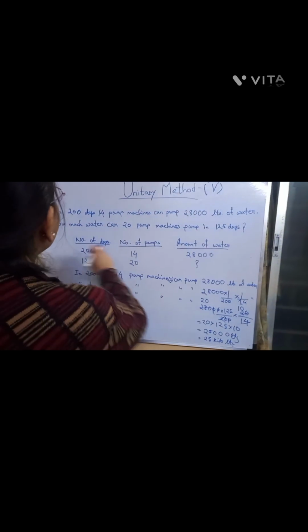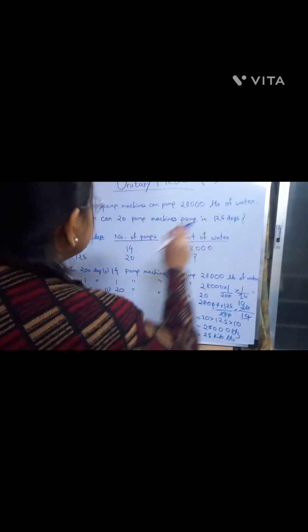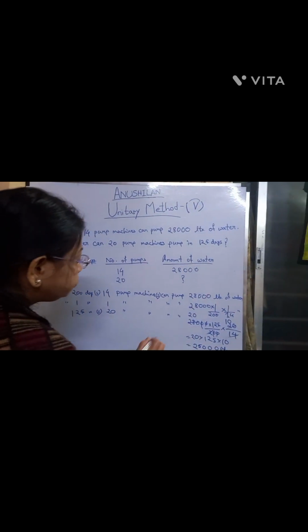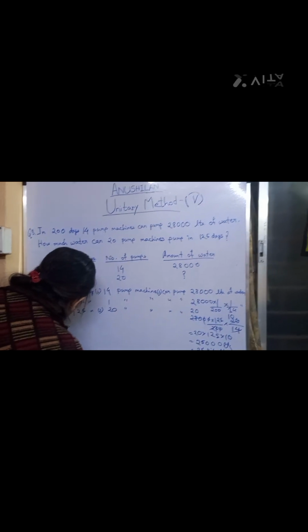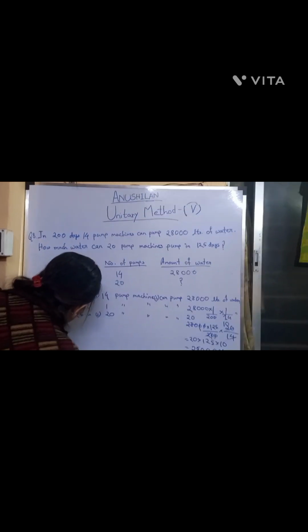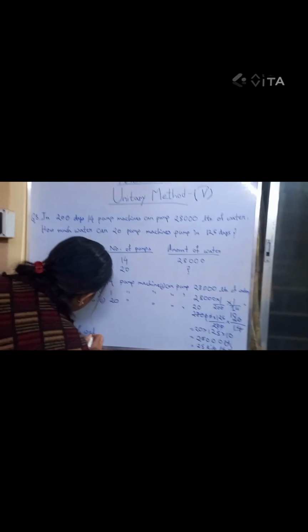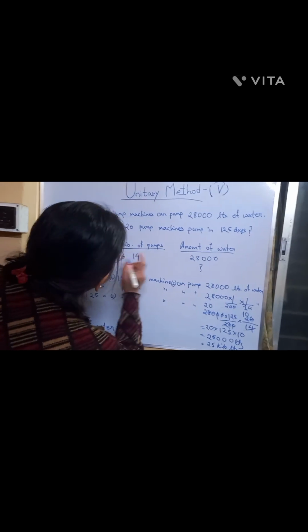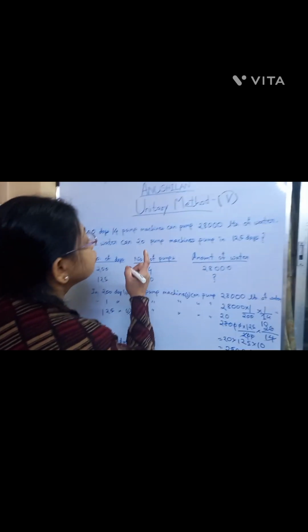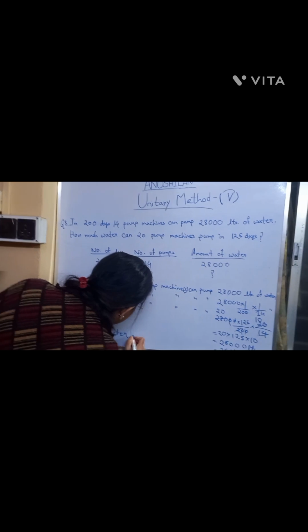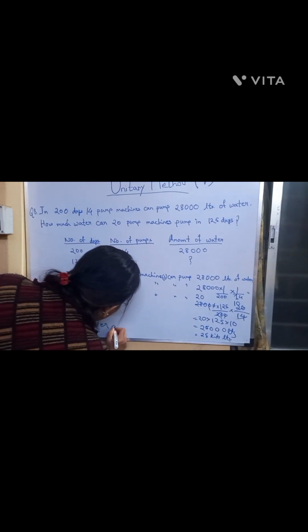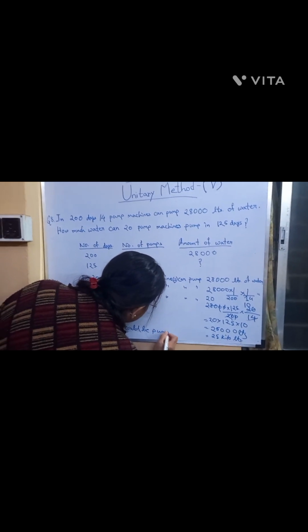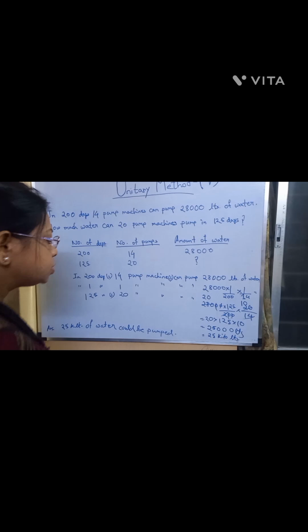So, what will be the answer? How much water can 20 pumps pump? The answer is that 25 kiloliter of water could be pumped. Okay, that is enough.